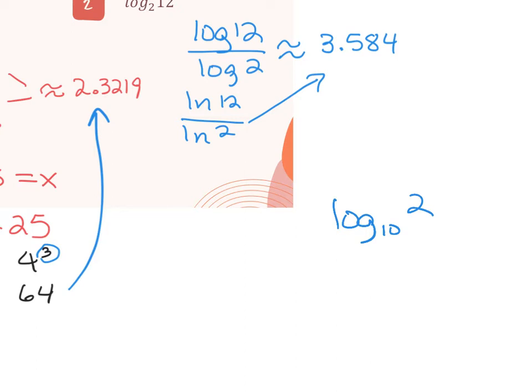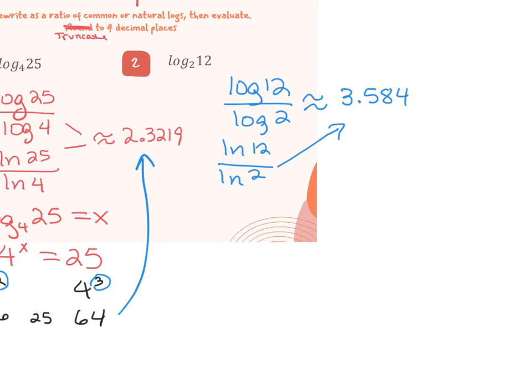Okay. All right. So again, if you wanted to see if 3.5 made sense, if we turn this into exponential, so right now it's log base 2 of 12, 2 to the x power equals 12. Obviously, I can't do a change of base here. So this is why this was a calculator question.